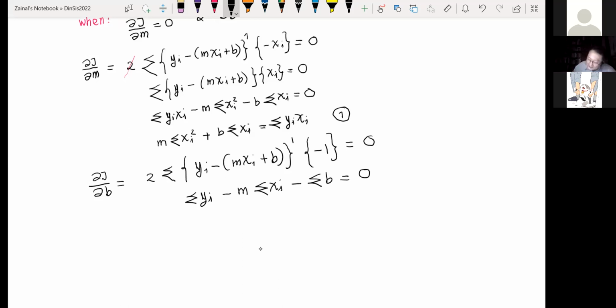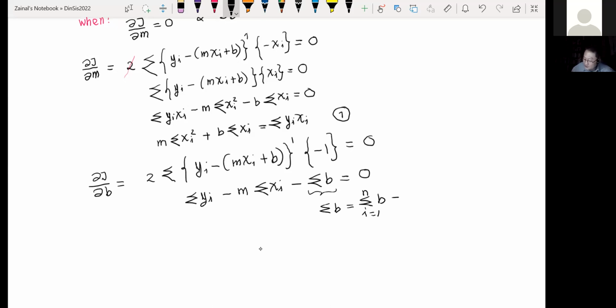Okay, but sigma b is actually the sum from i equals 1 until n of b. Because b is constant, this is just b plus b plus b until b, as many as n.